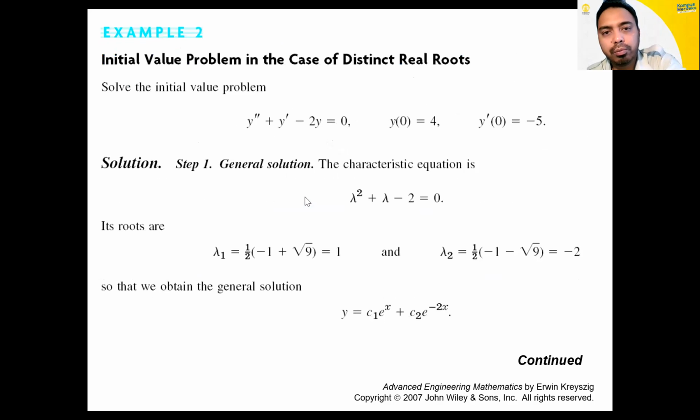So we should be able to utilize the solution for the homogeneous. As a matter of fact, they will become the basis for the overall solutions.